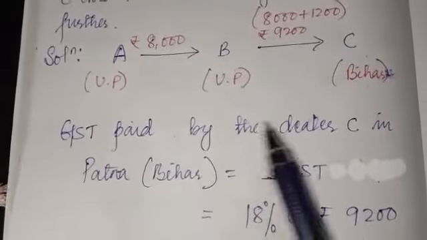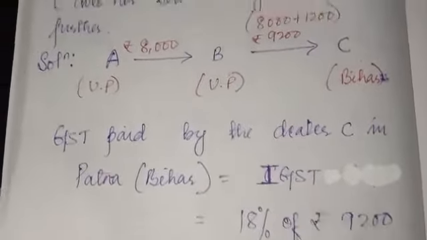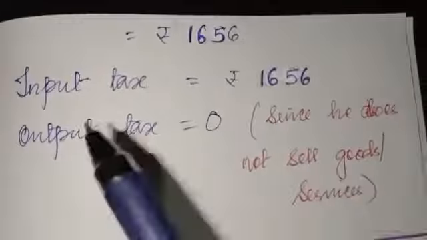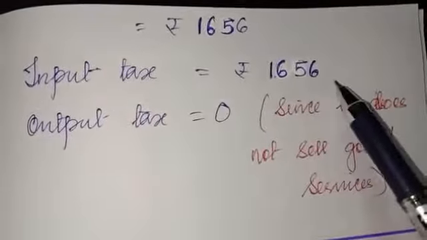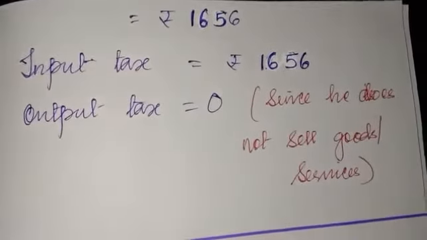So the GST paid by dealer C in Patna, Bihar is IGST, because B to C is interstate. IGST, 18% of 9,200, is 1,656. So input tax is 1,656, and output tax is 0 because he does not sell goods and services.